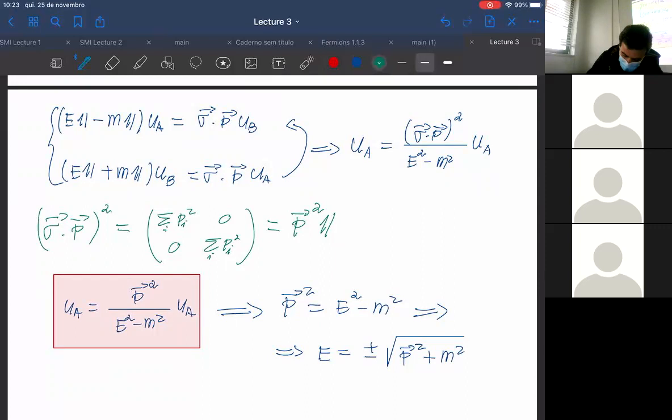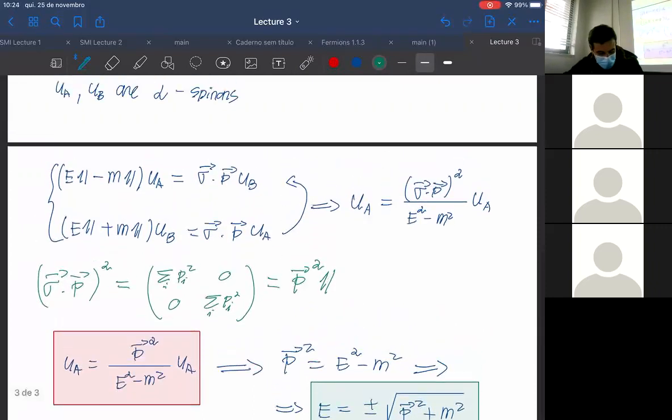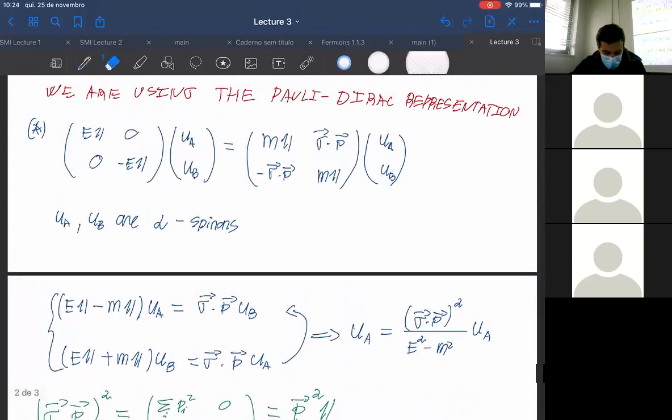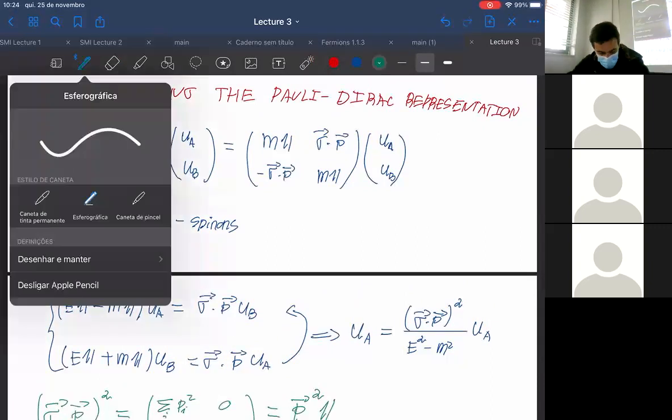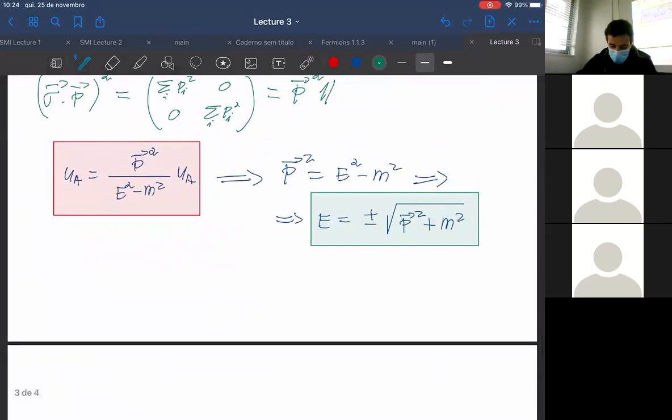So once again, we have the positive and the negative energy solutions. Here we have just verified that indeed we have the spectrum of positive and negative energy solutions. Let's attribute to the upper component the positive, and to the lower component the negative energy solution, and then we can write these two.